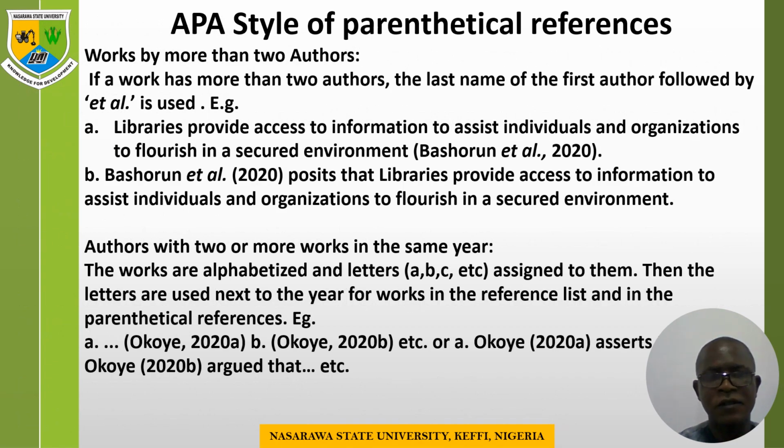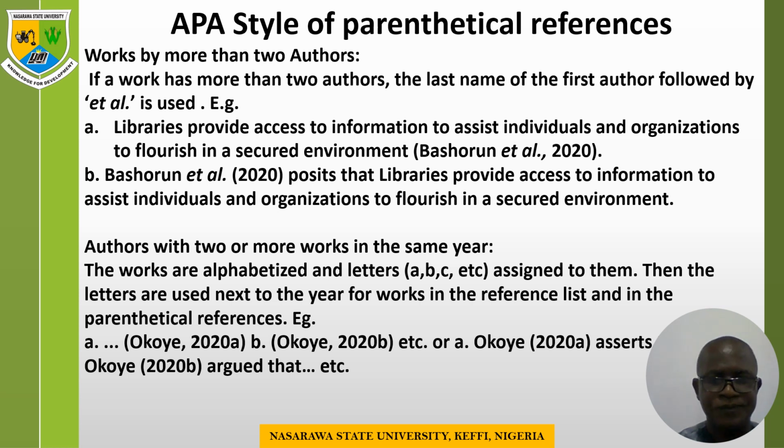Works by more than 2 authors. If a work has more than 2 authors, the last name of the first author followed by et al., meaning and others, is used.